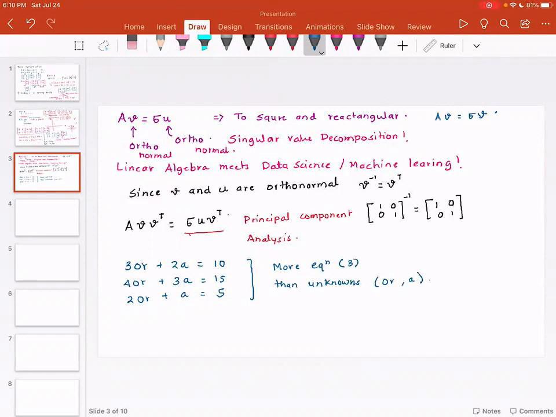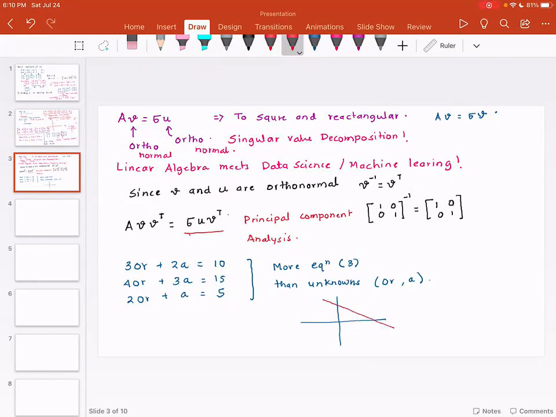So what's going to happen is, if you were to represent this equation set as lines in an x and y plane, most likely you are going to have 3 lines.